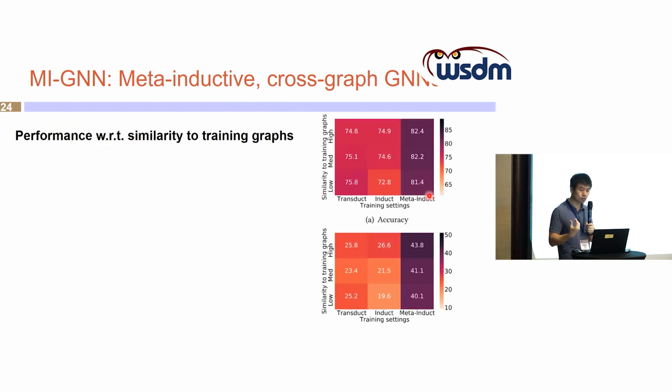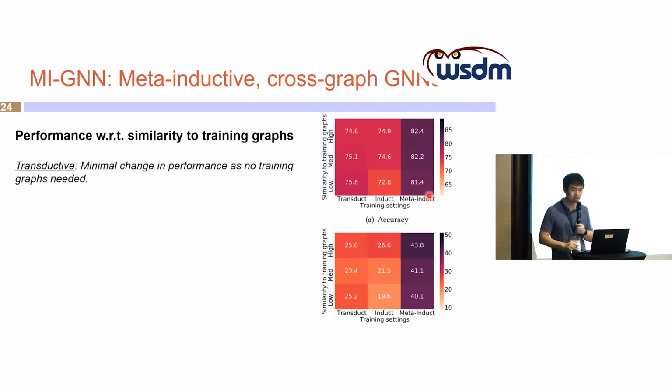So we can look at some performance heat maps here. In these heat maps, the horizontal axis shows different settings. We have the transductive setting, the inductive setting, and our meta-inductive setting. On the y-axis, we have 3 groups, which is the similarity between the training graph and testing graph.